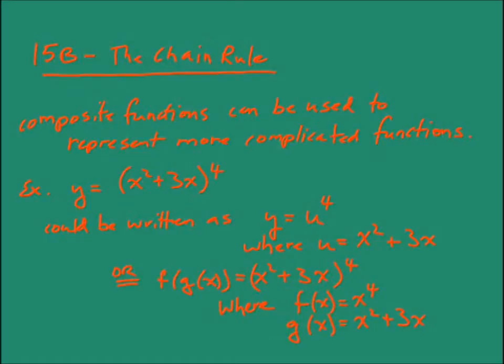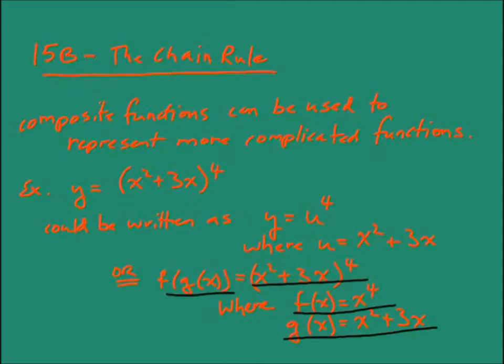So we've always seen these questions the other way around. We've seen them as given f of x is x to the power of 4, and given g of x is x squared plus 3x, tell me what f of g of x is, and we would end up with this function here.